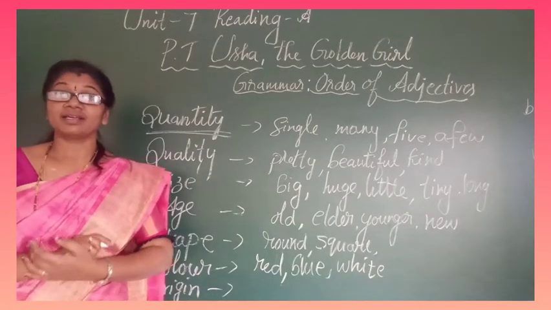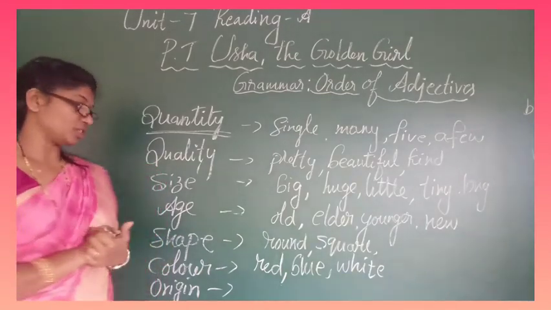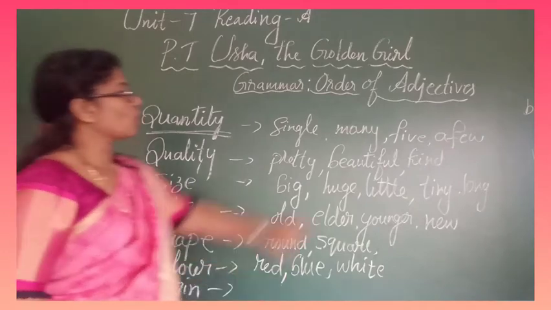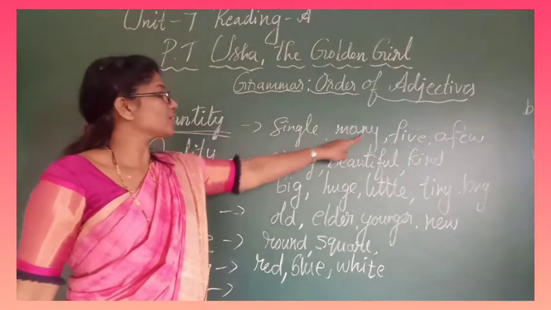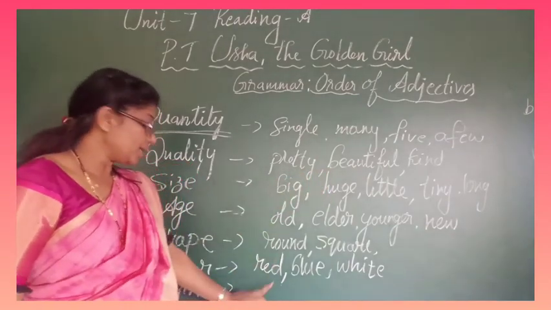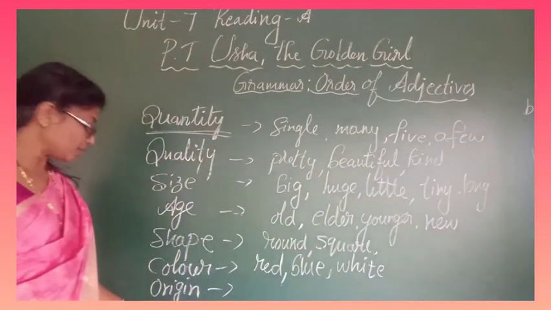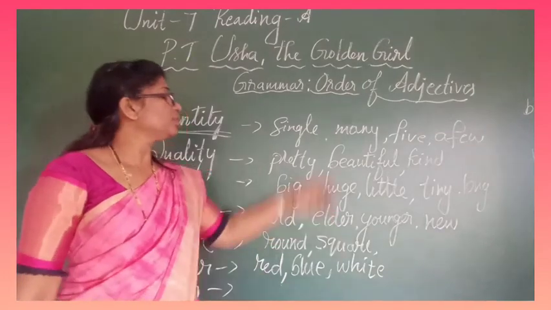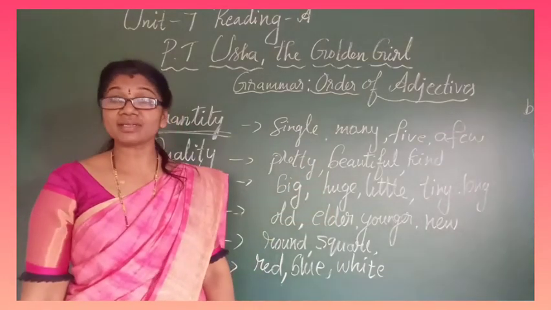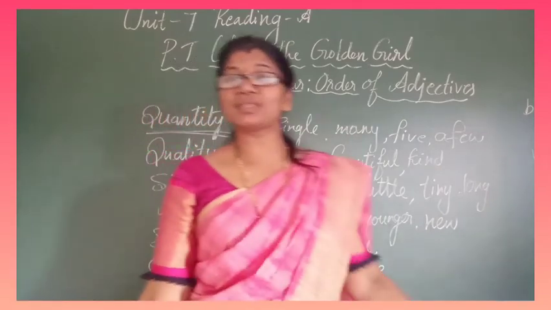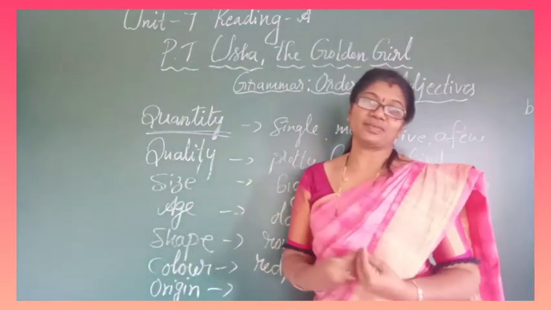Now if you want to describe, like, I saw three, first quantity, next quality, like beautiful, American girls. Then comes origin. You can't say, I saw American beautiful three girls. You understood, I think, why we should use the order of adjectives in English.